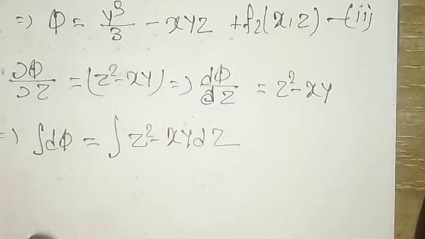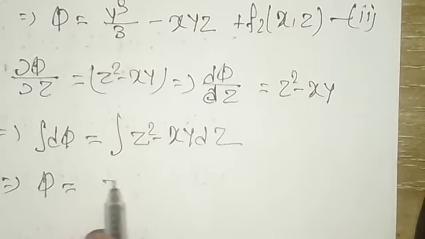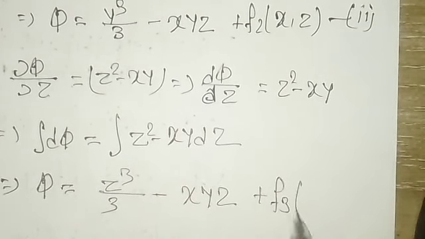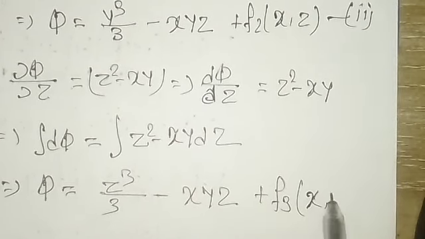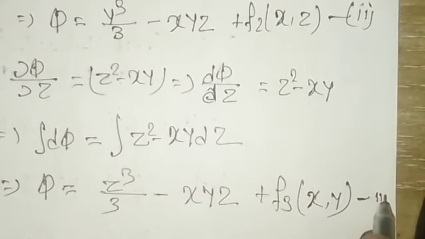So on simplification we'll get that φ is equal to z³/3, right, minus xyz plus f3, and this is a function of x and y, right? So now let's say this is equation 3, right?